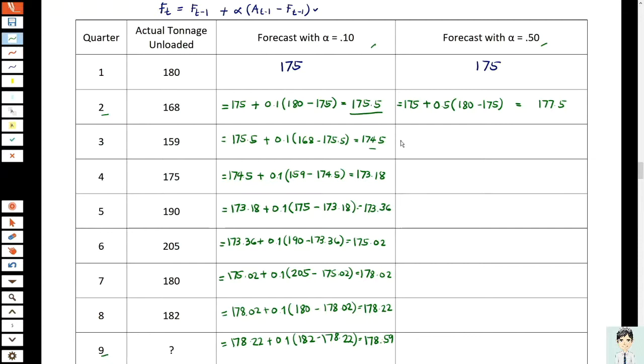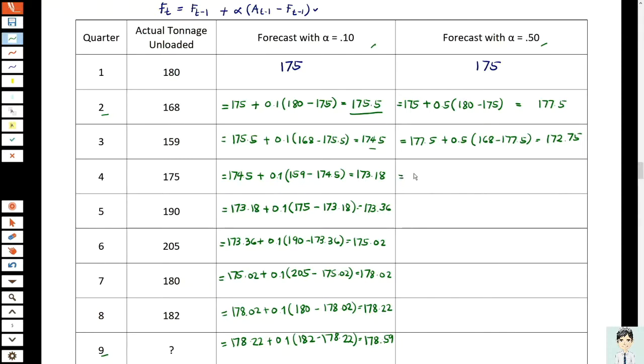Next, 177.5 plus 0.5 multiplied by the actual, 168, minus 177.5, which is equal to 172.75.